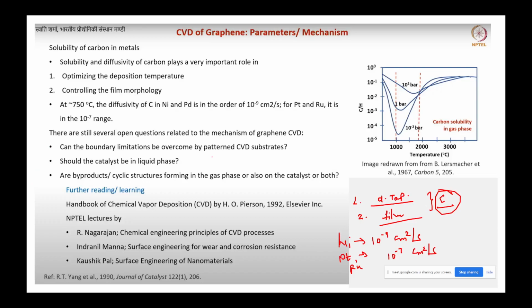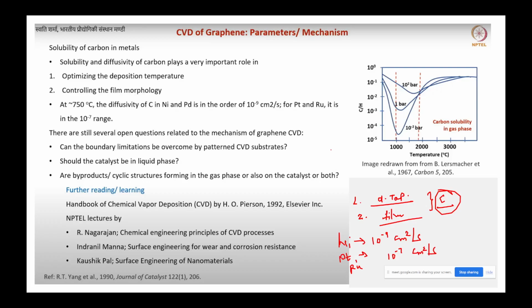Can the boundary limitation be overcome by a patterned CVD substrate or not? Should the catalyst be in a liquid phase? Is it necessary, or could it be in any form such as solid or gas? Are byproduct cyclic structures forming in the gas phase, or also on the catalyst, or both?